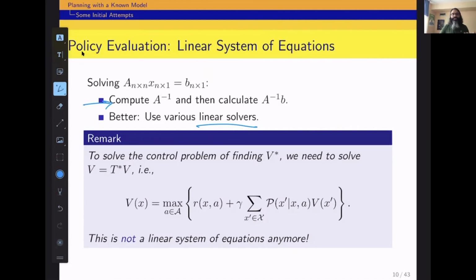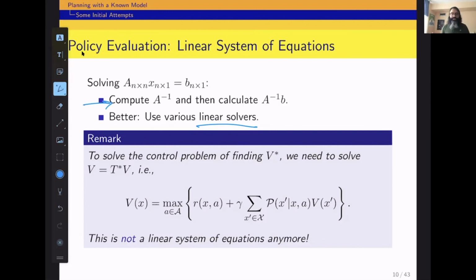I mean, you can compute it, but it's not very fast. But solving a linear system of equations of order 10,000, that's going to be easy. So we have a linear system of equations approach. There are different ways to solve it, but in any case, we can do the policy evaluation problem.